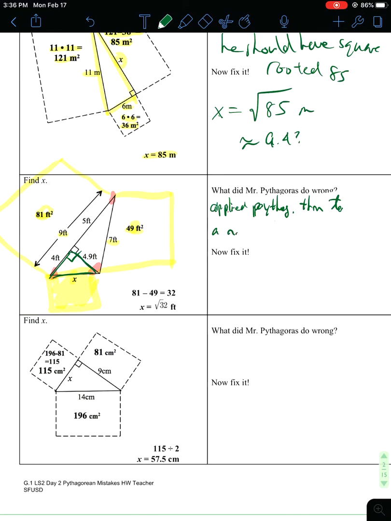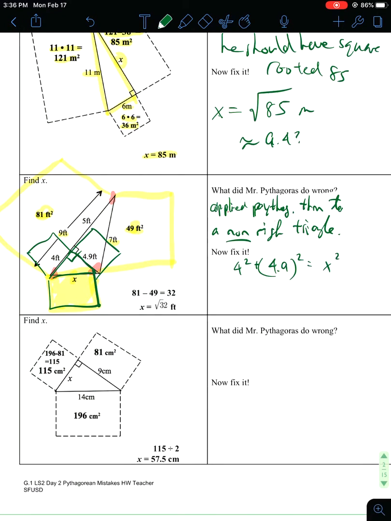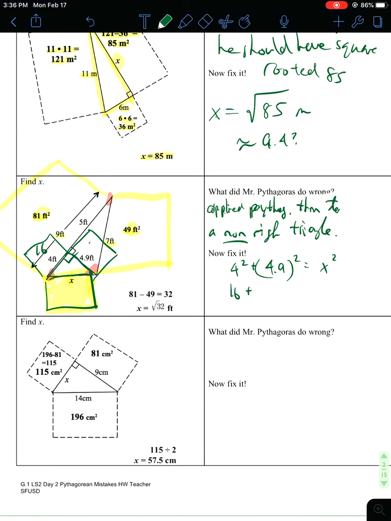to a non-right triangle. So if you notice in green, we can draw in the boxes, it should be 4.9 squared plus 4 squared equals x squared. 4 squared is 16. 4.9 squared is 24.01.